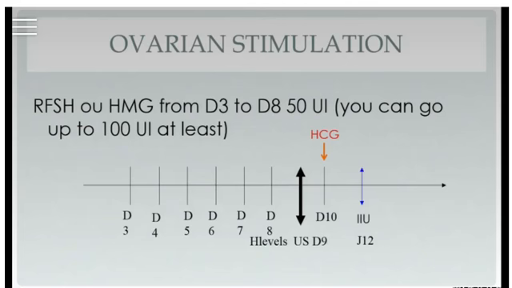And you have echography and hormonal levels at day 9, and sometimes you need it to adjust your treatment. And after, you trigger with HCG between day 9 and day 11.